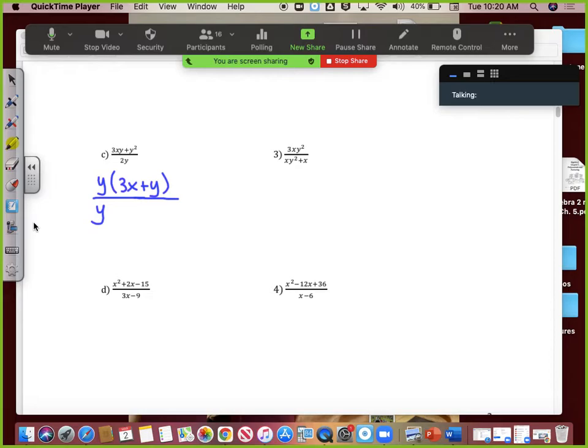And the denominator, when I take the y out of 2y, I'm just left with 2 here on the denominator. When I factor out the y from both the numerator and denominator, I can then cross these off since they cancel out. And this expression simplifies to be 3x plus y over 2.